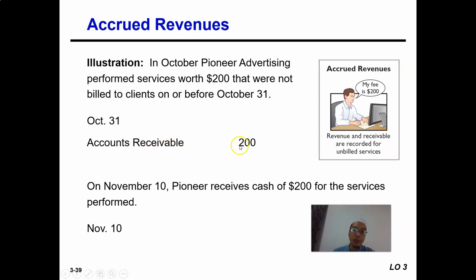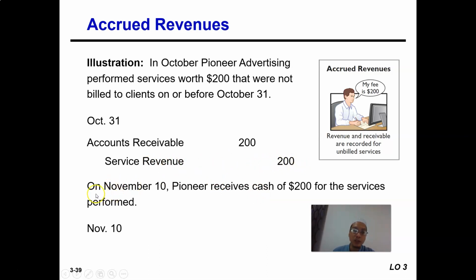So we debit accounts receivable $200, and we credit service revenue $200, because the work done is revenue for us and increases owner's equity.